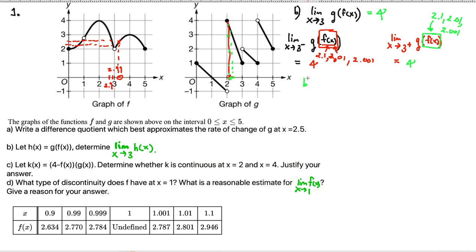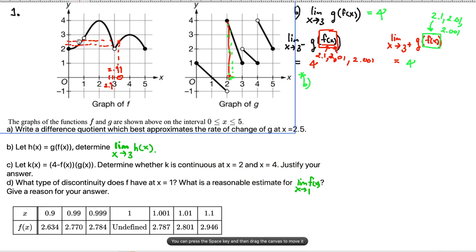I'm going to call it B star, just to say. And I'm going to change up the way F looks slightly, and let's see if I can do this.